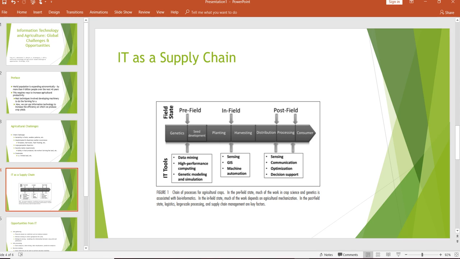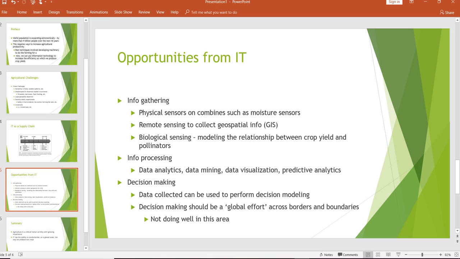So what are some of the opportunities from IT? Some of these I've alluded to a little bit already, but just to sum them up into three main categories, IT can provide in the agricultural industry additional ways to better gather info. Like I said already, physical sensors on the combines, moisture sensors is one good example of a physical sensor.